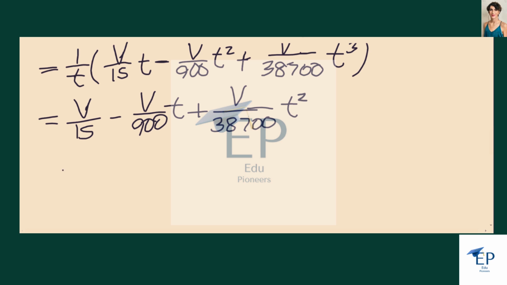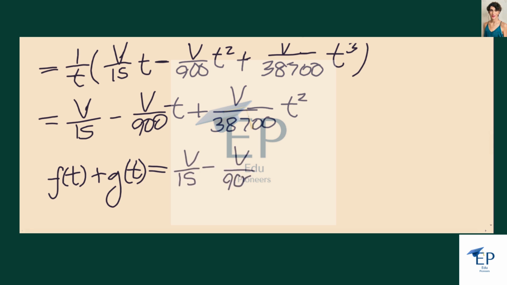This now becomes f of t plus g of t. And the right-hand side is the same, v over 15 minus v over 900 t plus v over 38,700 t squared.